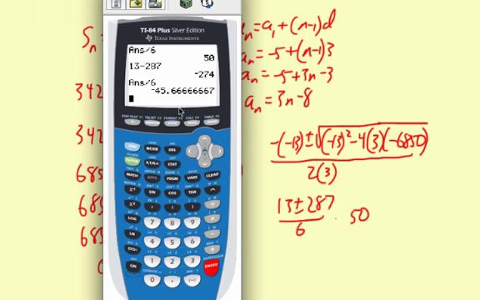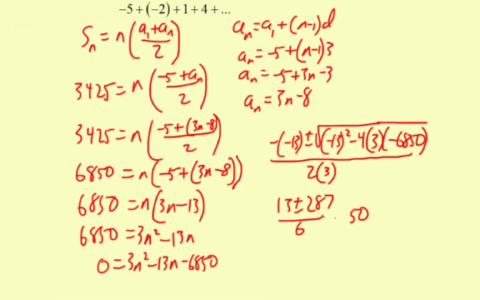Negative 45.66 repeating. This is not a valid term number. The term numbers have to be positive numbers. 1, 2, 3, 4, 5, and so on. Negative 45 doesn't work. So the only valid answer is this 50.